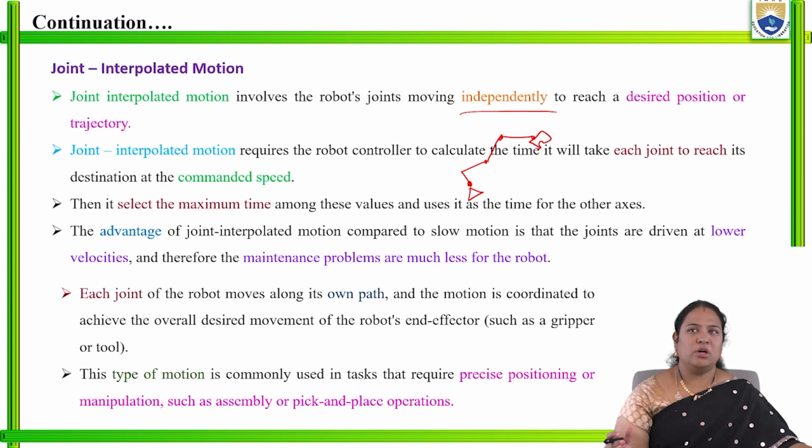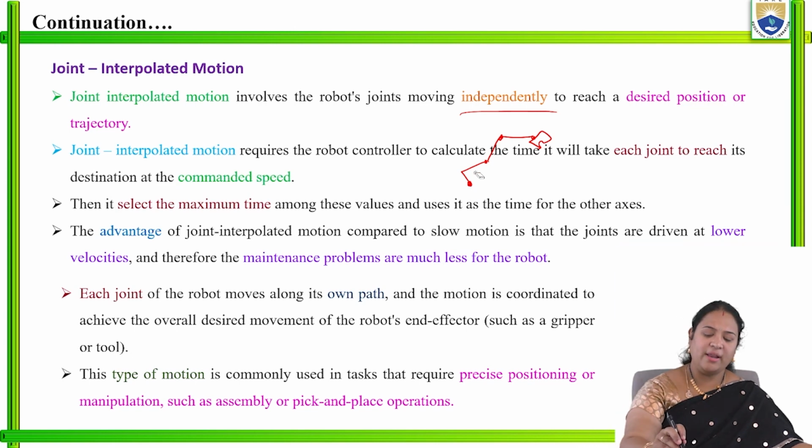In order to move from the initial position to the final destination position, the movement of the joints is done independently without depending upon any other joint. So the joint interpolation motion involves the robot joints moving independently to reach the desired position, or we call it a trajectory, right?